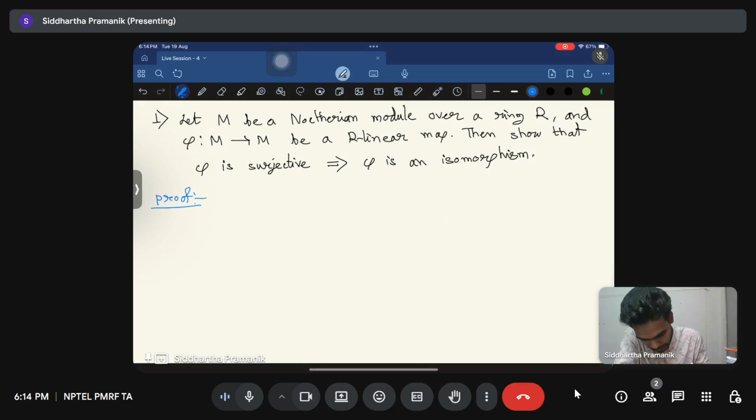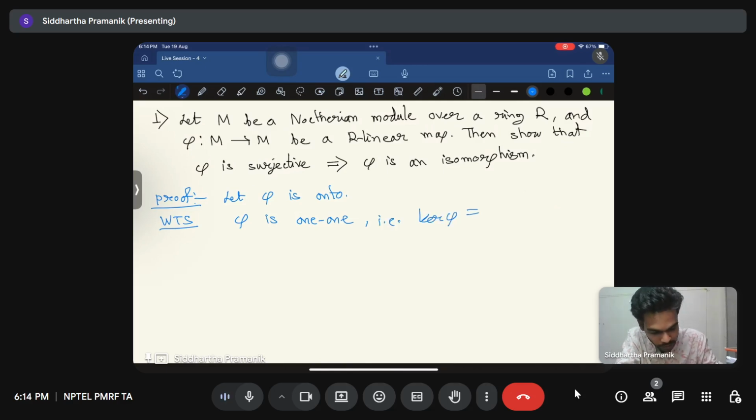So let phi be surjective, so phi is onto, and we have to show that phi is an isomorphism. So it is sufficient to show that phi is injective. So we want to show phi is one-one, and that means the kernel of phi is just the zero submodule of M. So we want to show that the kernel is 0.